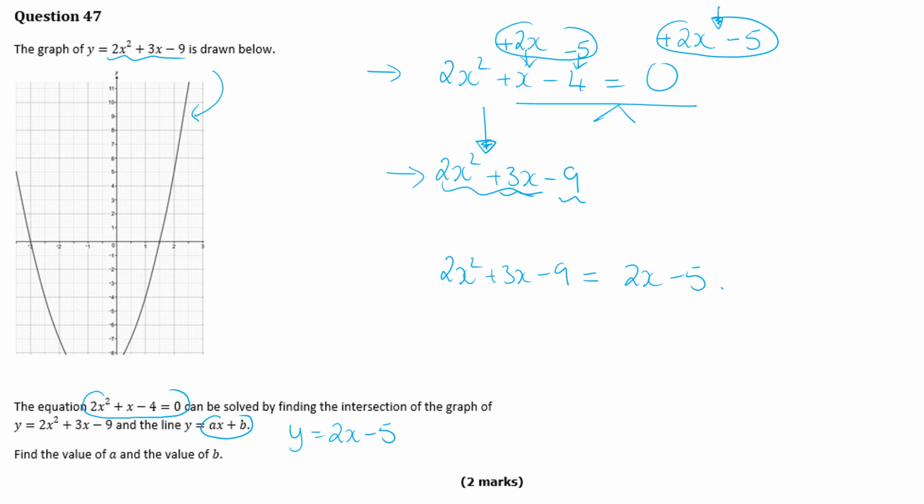Now usually the question will go on to then say, plot this line and use this line to solve this equation. So in order to draw that line, it's got a y-intercept of minus 5 and a gradient of 2. So for every 1 along, it's 2 up.